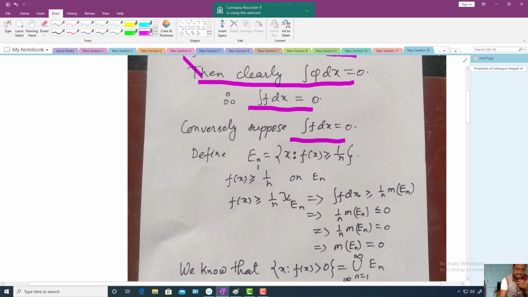Then for each natural number n, let us define the set E_n. This is the set of points x such that f(x) is greater than or equal to 1/n.